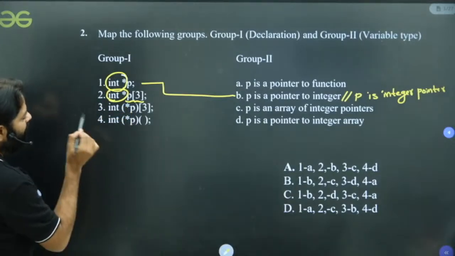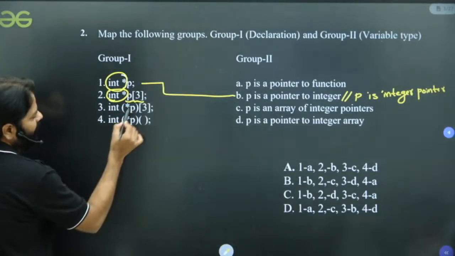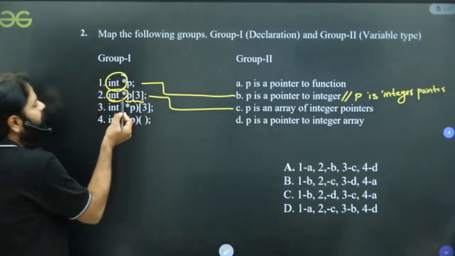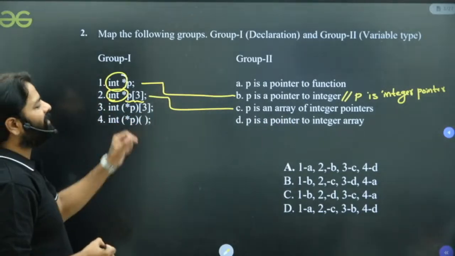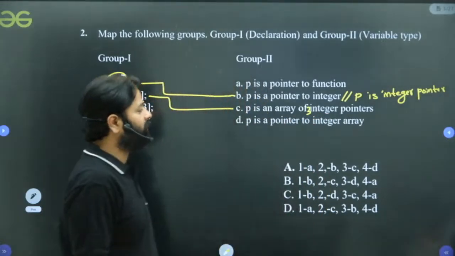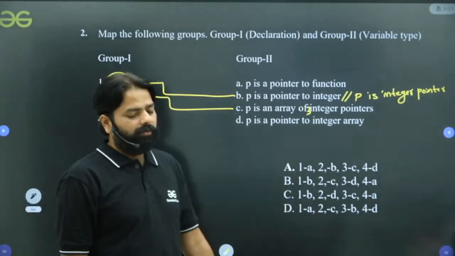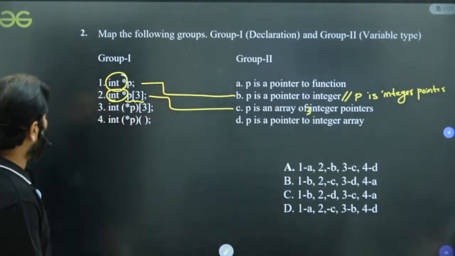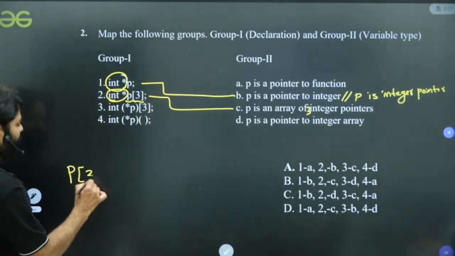So what is the meaning of P? P is array. What is P? P is array of integer pointers. How many integer pointers? 3 integer pointers. But यहाँ पर P pointer नहीं है. P is an array.